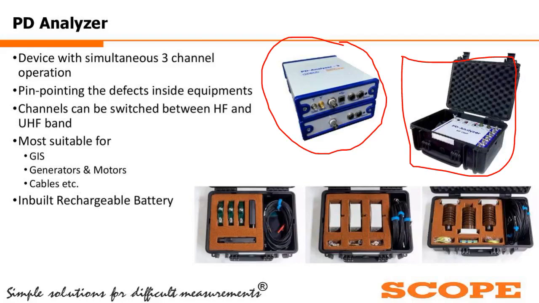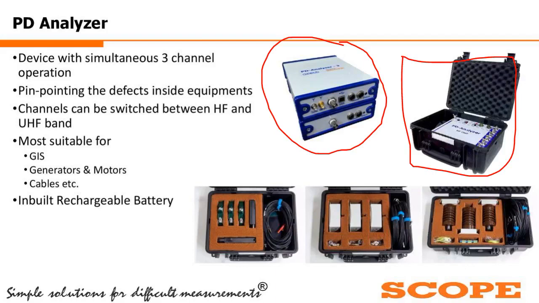HF and UHF means these kits are more suitable for generators, motors, cables, and GIS, because both these frequency bands are available in these kits.